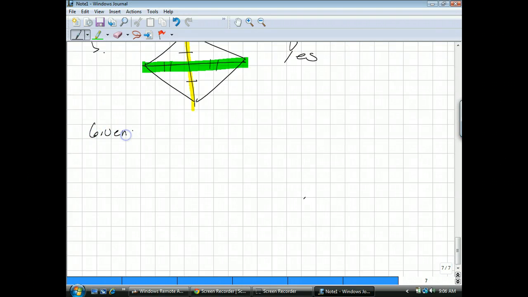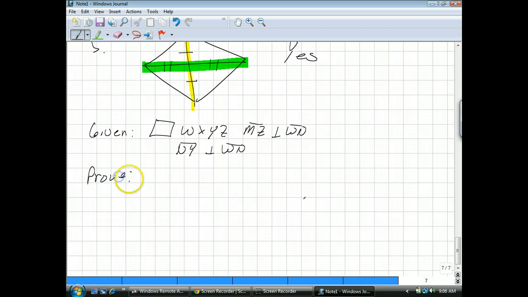Given parallelogram WXYZ, and MZ is perpendicular to WN, and segment NY is perpendicular to WN. Prove that MNYZ is a parallelogram. And we have this picture.